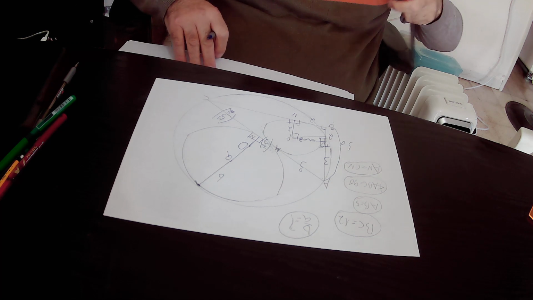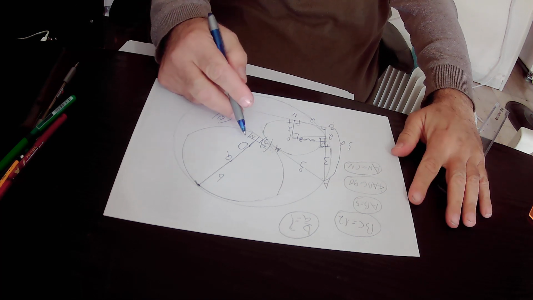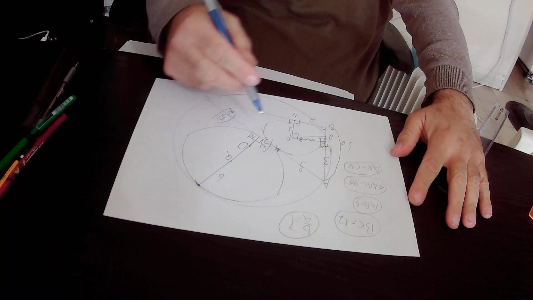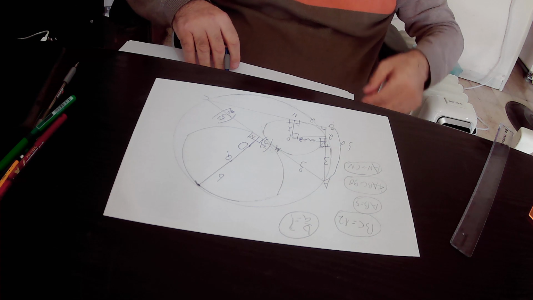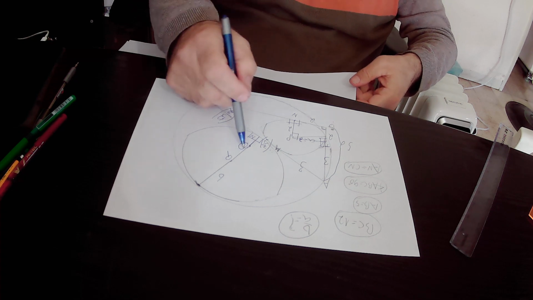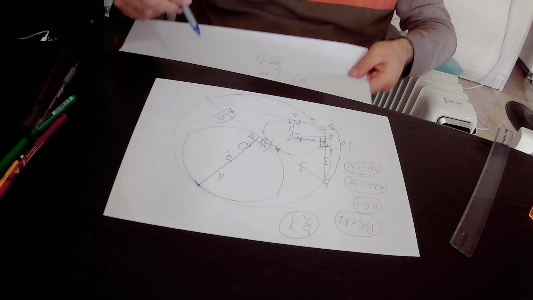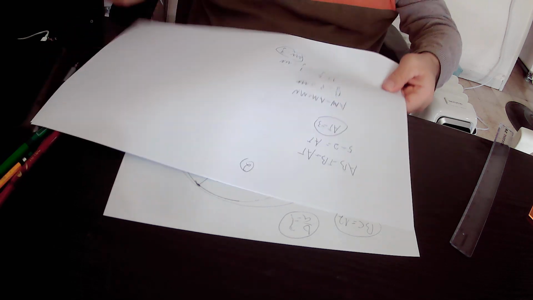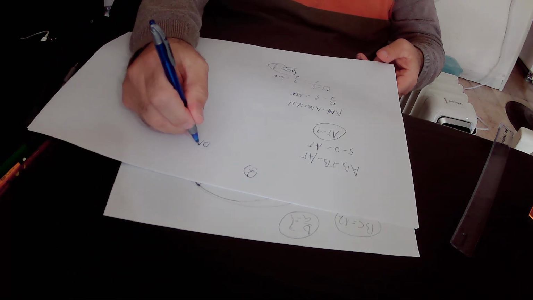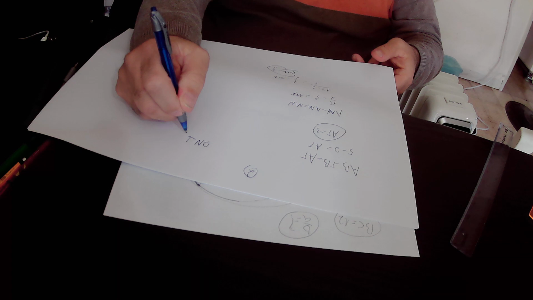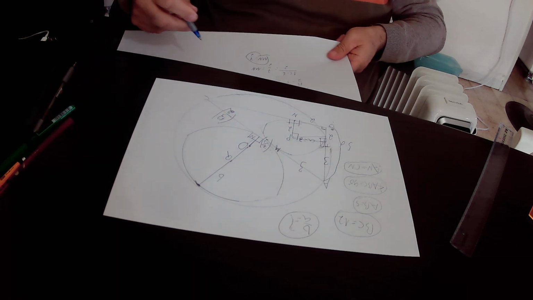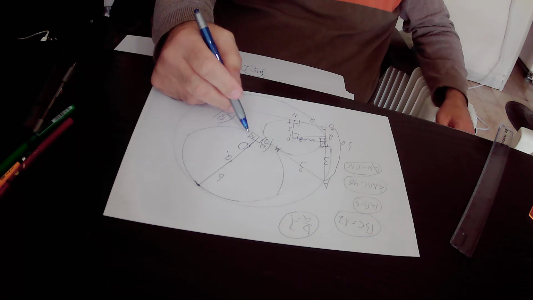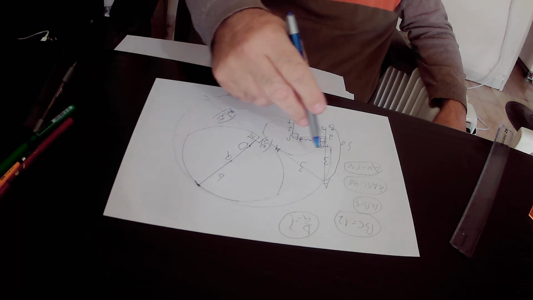So you can write down that ON is perpendicular to AC. According to rule number 7, ON is perpendicular to AC. But we just found out that QN, the radius QN, is also perpendicular to AC.